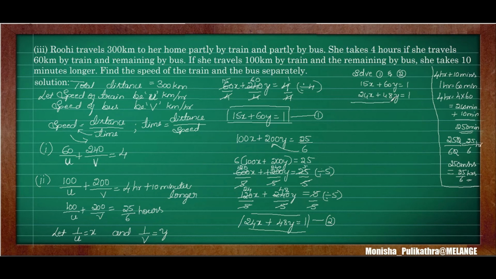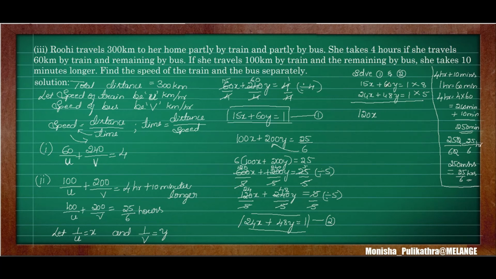So in order to avoid it, I will be multiplying this by 8 and this by 5. In this case we will get equal numbers, and the numbers will be much smaller. If you multiply with 24 and 15 as cross multiplication, the sum will be correct, but the numbers will be a little bit larger.